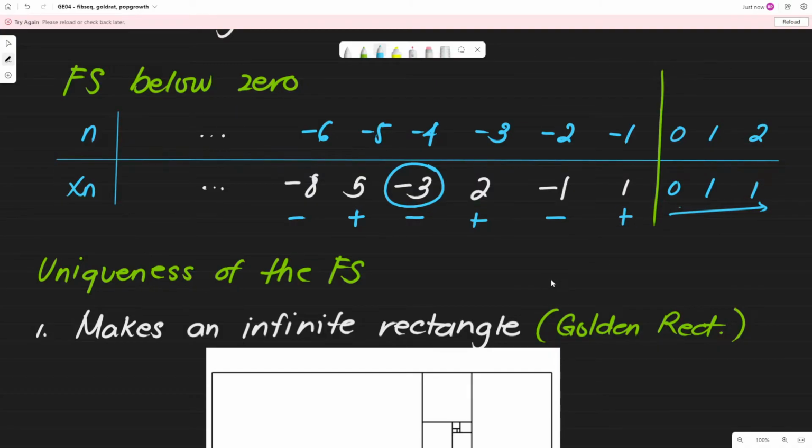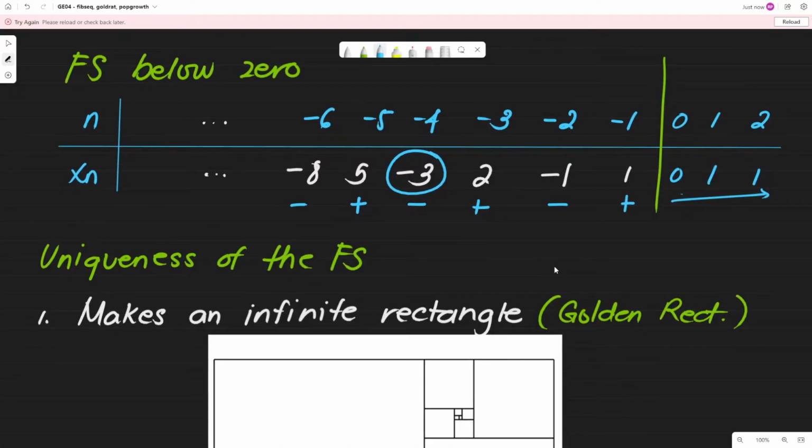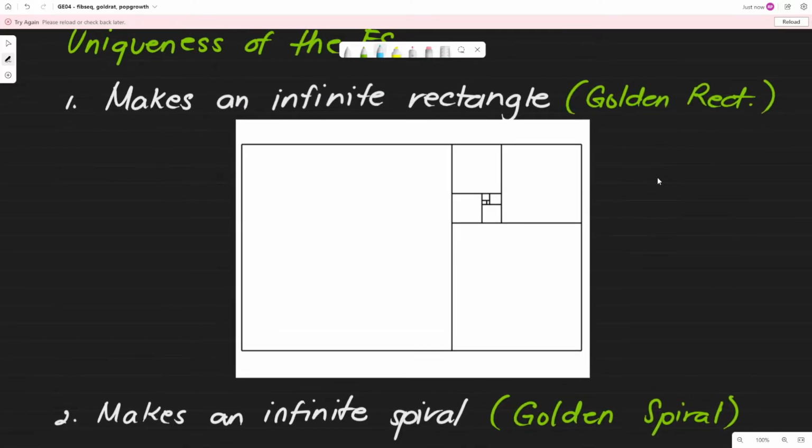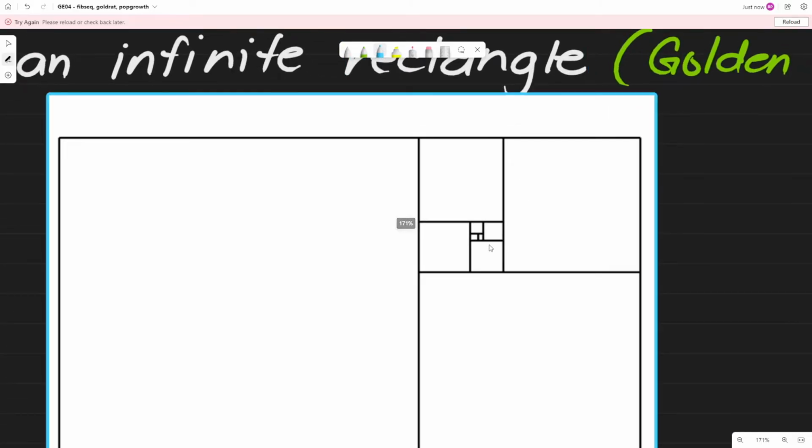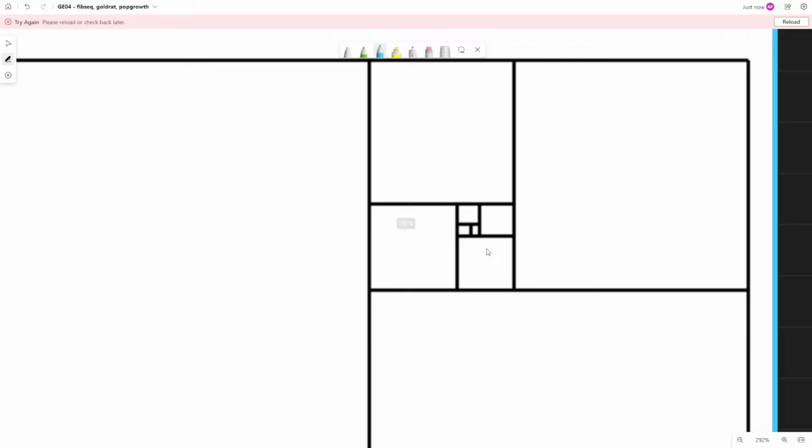Okay, so what's unique with the Fibonacci sequence that's not found in any other sequences? First, it makes an infinite rectangle, or what we call the golden rectangle. Kung mapapansin niyo, I have here sets of squares whose sides are the terms of the Fibonacci sequence. Start tayo dito sa pinakamaliit. Zoom ko lang ng konti. Ayan, this one is yung 1-1 natin.